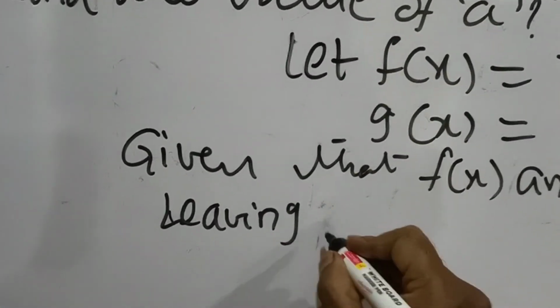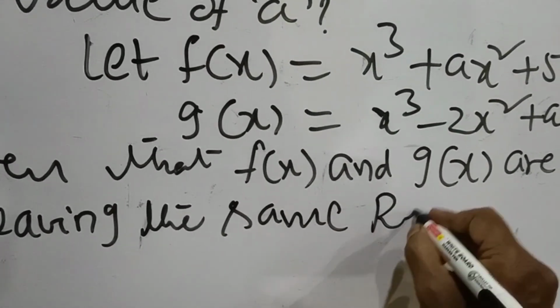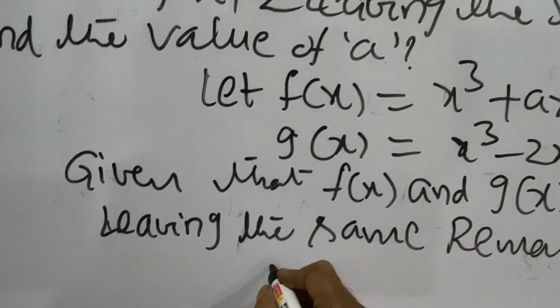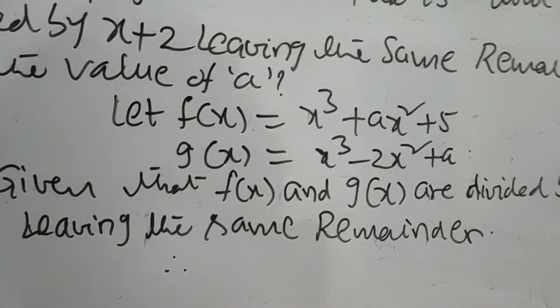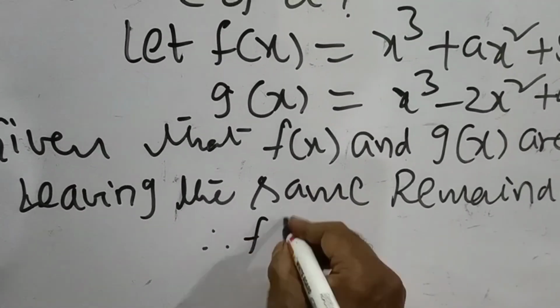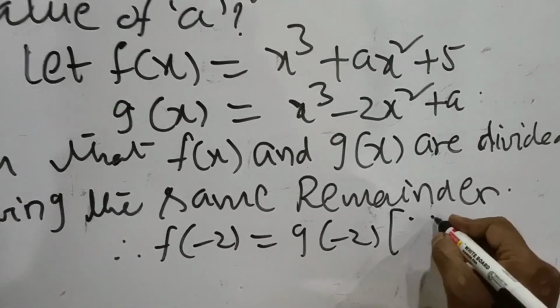So here we have to understand that when these two polynomials are divided by x plus 2, leaving the same remainder, according to the remainder theorem, f of minus 2 should be equal to g of minus 2, because we want to find the remainder.